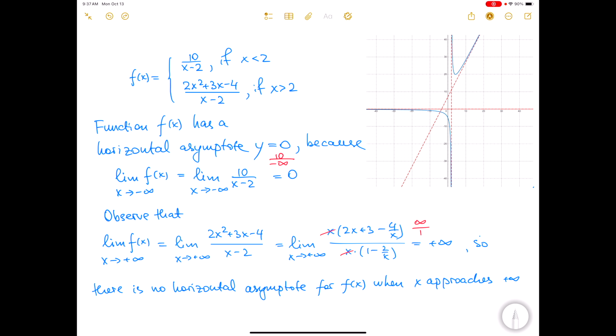However, we can also observe that the limit of the function f of x as x goes to plus infinity is not equal to 0. Indeed, the outputs of the function go to plus infinity. So the horizontal line y equals 0 is a good illustrator of asymptotic behavior only when x goes to minus infinity, but not when x goes to plus infinity.